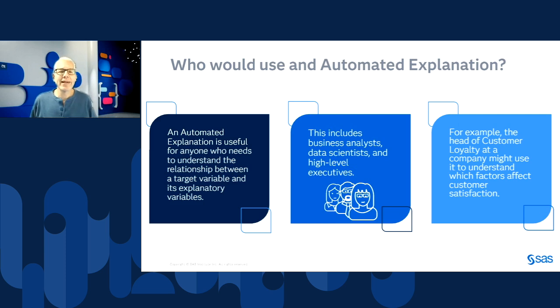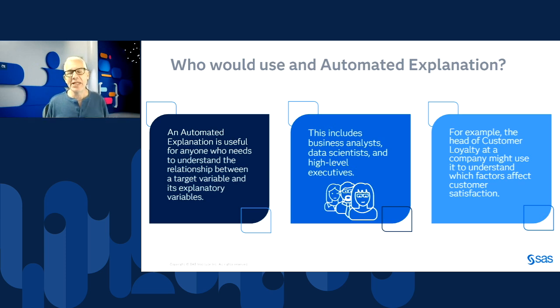So who would exactly use an automated explanation? Well, it's really just anybody who's trying to understand what actually makes up a target variable. So we're trying to understand our customers better, our patients better, our taxpayers, whatever kind of data you happen to be looking at.